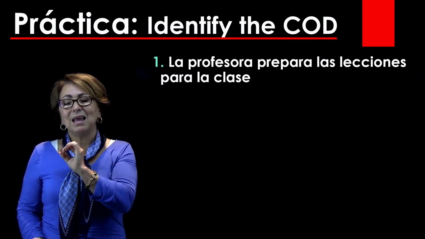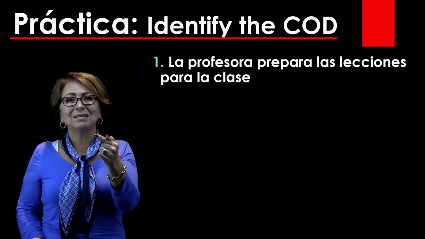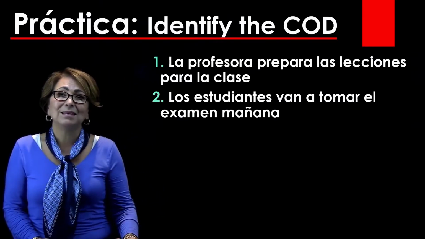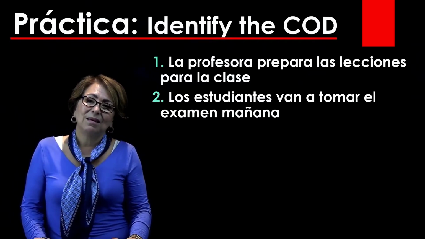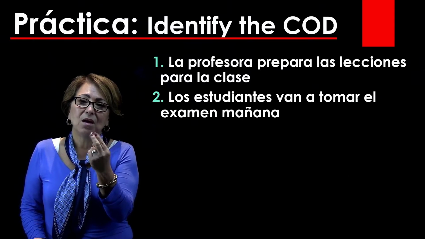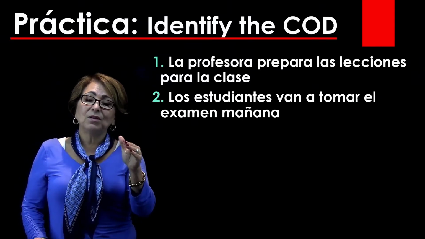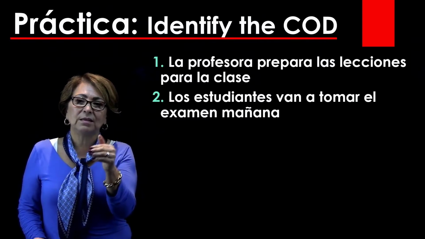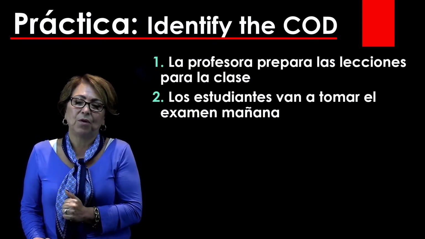So you're going to see prepara, the verb; las lecciones will be the object that you're going to be replacing. Los estudiantes van a tomar. Notice that I have two verbs here. So right after the second verb, I see el examen. That will be the object that you're going to be replacing with the pronouns.